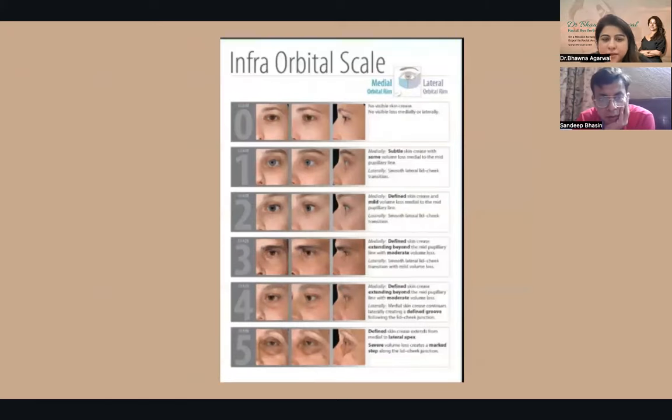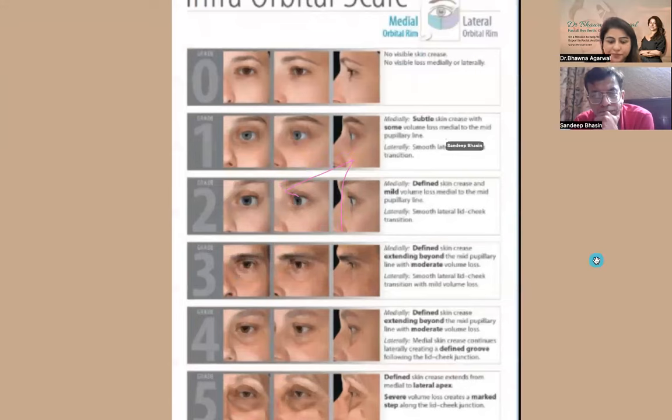So this is the revised infraorbital scale given by Allergan. When we examine the tear trough, this is a scale that we have to refer to. First, grade 0 is no visible skin crease, no visible loss, medially or laterally.